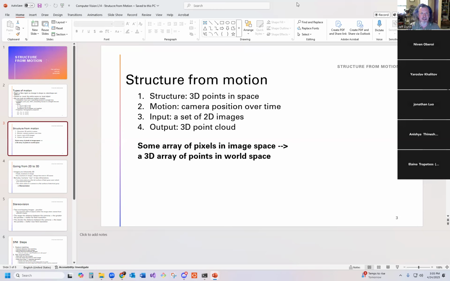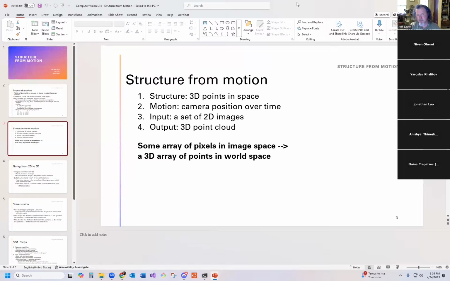But the idea is if we have a set of 2D images that have been taken by a moving camera or eyeball, we want some way of turning an array of pixels in their image space. So we have an array of RGB values, or we have an array of HSI values, or whatever image space we're working in. We have this two-dimensional array full of image space pixels.